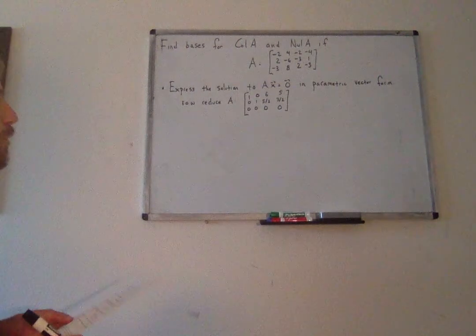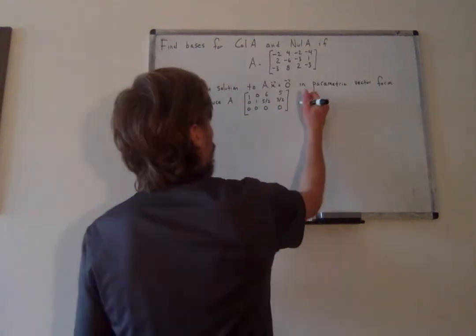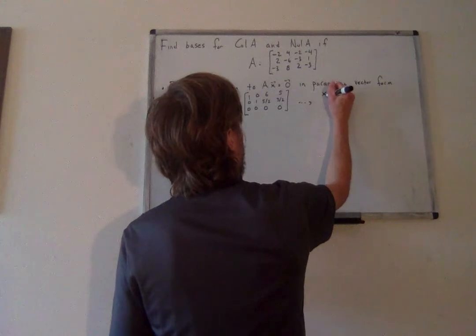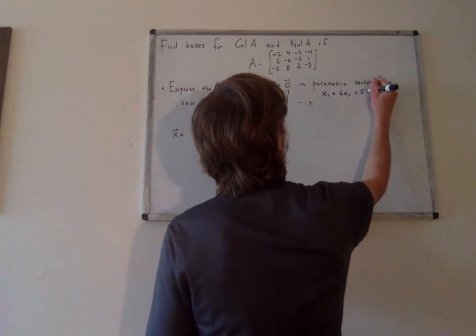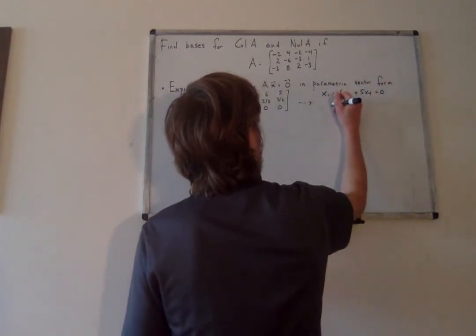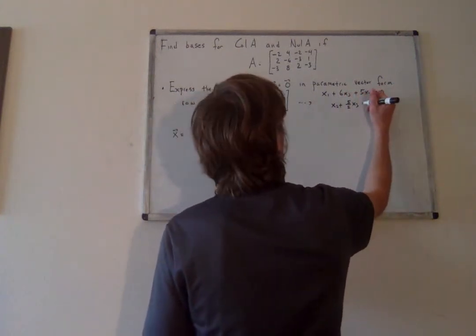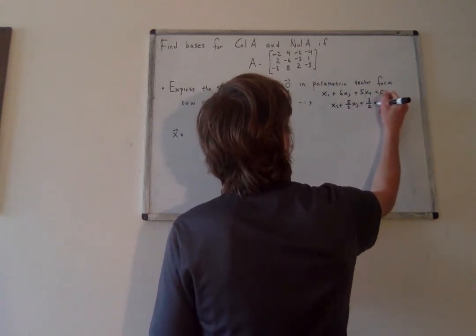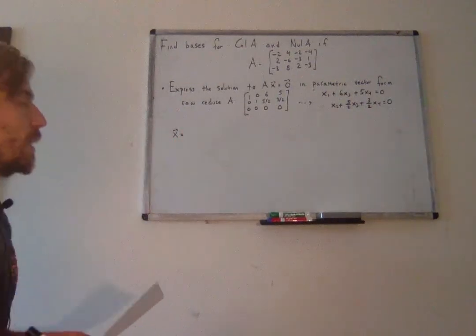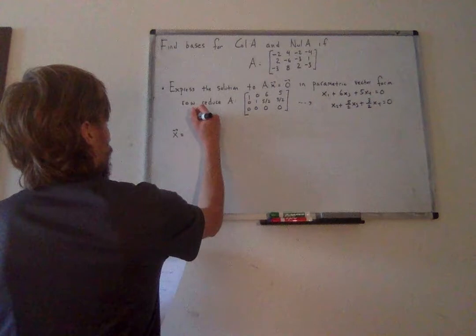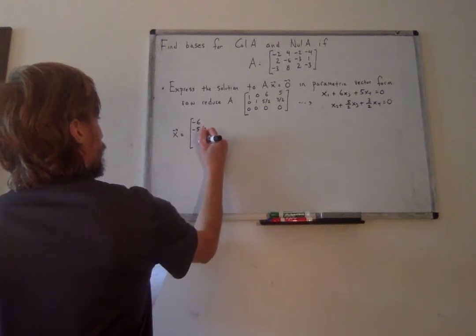All right, and so if you remember, all solutions to the matrix equation Ax = 0 correspond to the system of equations. And remember how we do this is we solve for x1 and x2, and then we just let x3 equal some parameter s and x4 equal some parameter t.